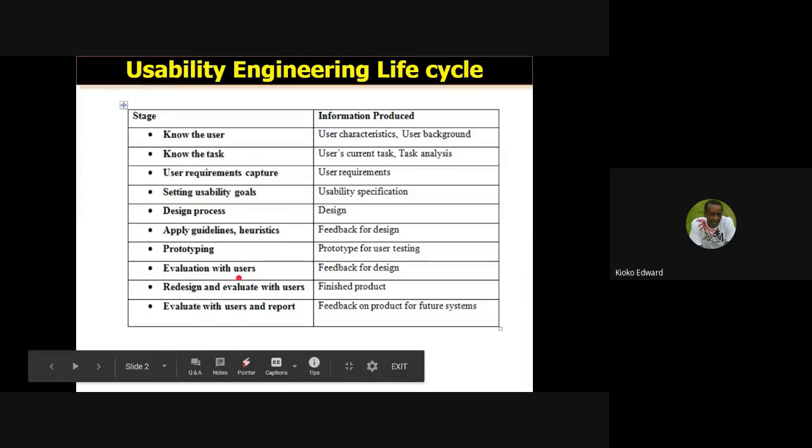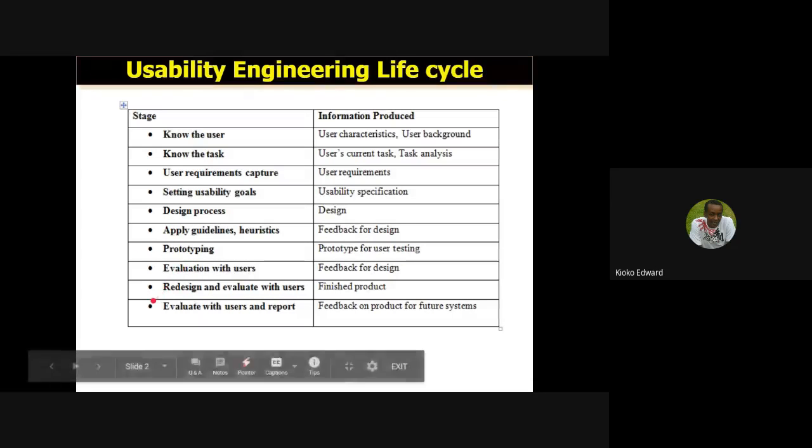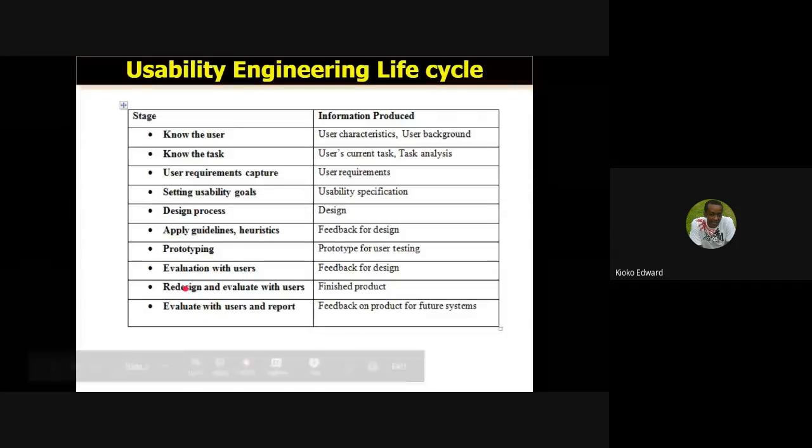After prototyping has been done, we now do evaluation with the user. It's like giving the user the system or the prototype, letting them use the prototype, and then they give you back the feedback. We shall take that feedback and feed it back into the system. Then redesign and evaluate with the user.